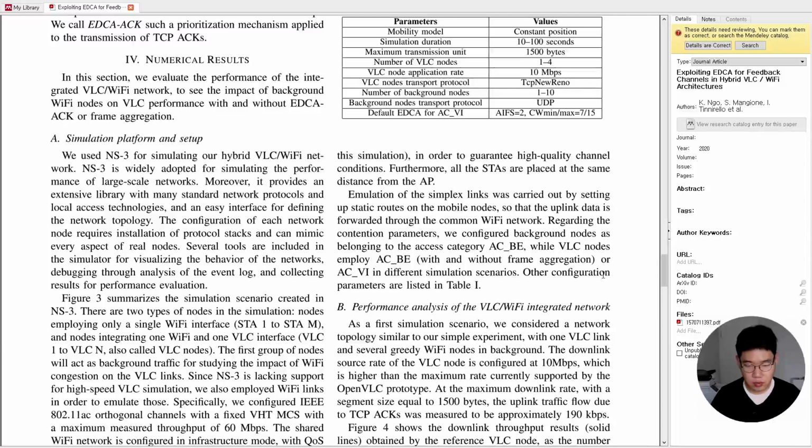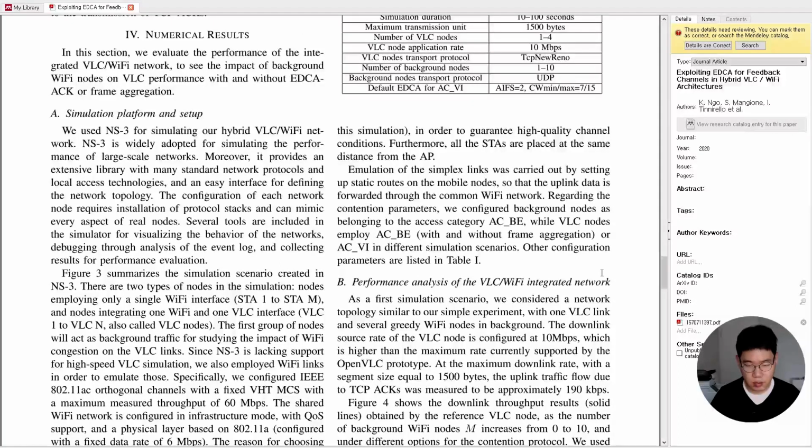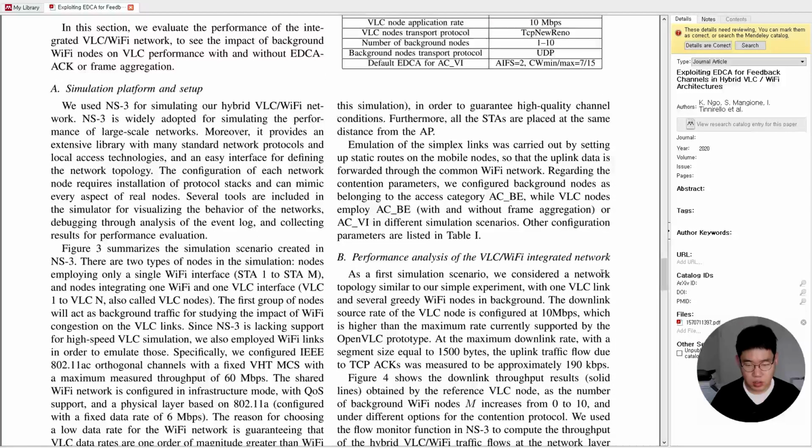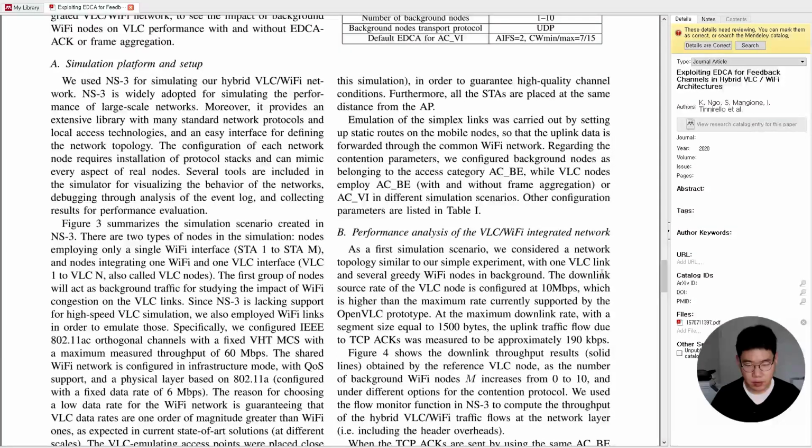Figure 4 shows the downlink throughput results, solid lines, obtained by the reference VLC node, as the number of background Wi-Fi nodes M increases from 0 to 10, and under the different options for the contention protocol. We use the flow monitor function in NS3, which computes the throughput of the hybrid VLC Wi-Fi traffic flows at the network layer, including the header overhead.